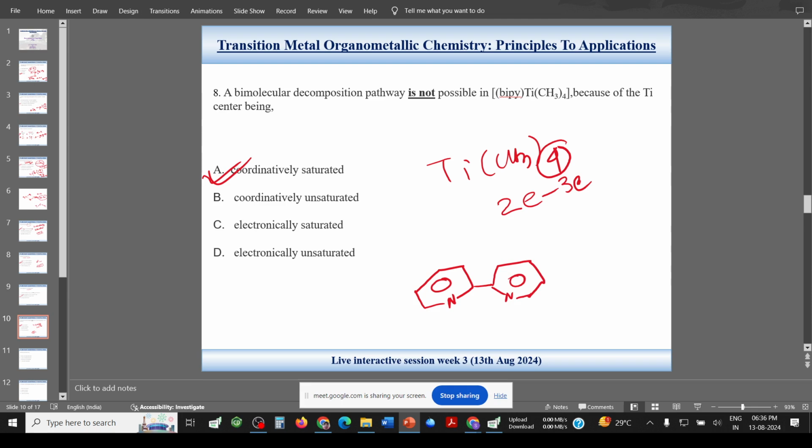Is this correct? Sir, the nitrogen will be in opposite positions. So 4,4'-bipyridine.